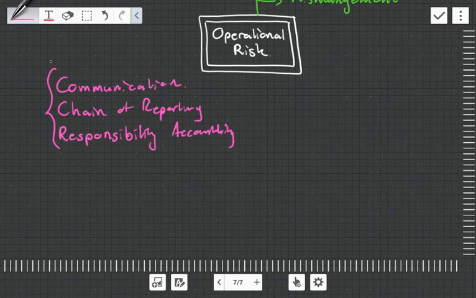However, what's happened a lot with big corporations today is that they've gone overboard with operational risk. They've seen it as some sort of risk checklist that we have to do, and they start implementing all these procedures and policies and controls. What it does is it creates a lot of red tape.